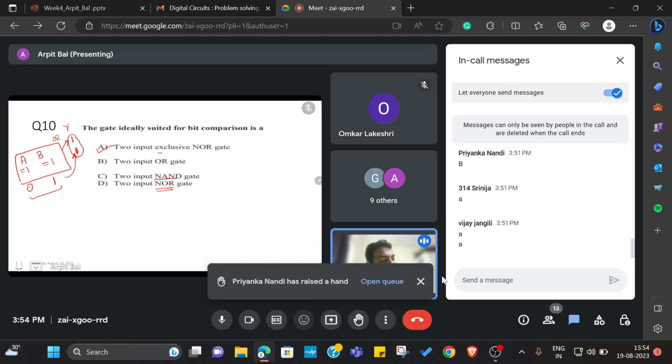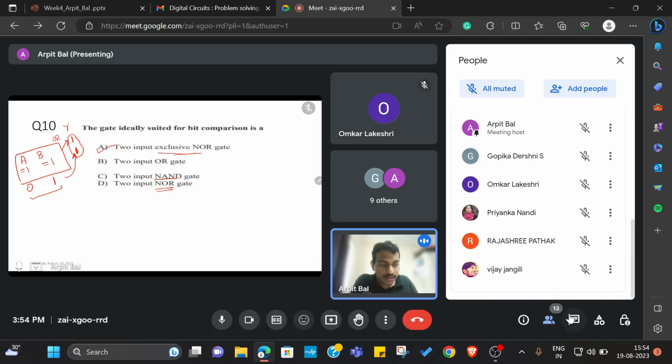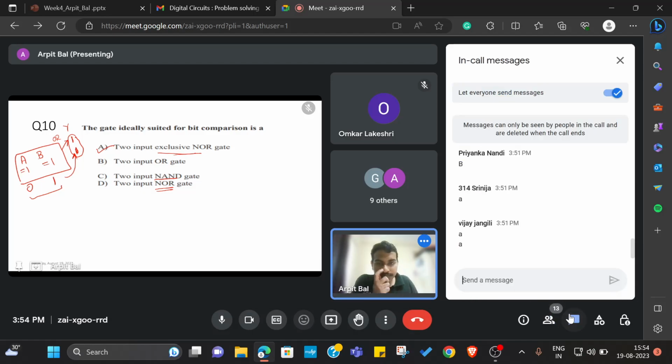But when we take XNOR, yeah, so there's a doubt. Yeah, you can type it on the chat box. Okay, so then what makes XNOR so special that we can use it for a bit comparison? So let us say I take A and B as something same, 0 0. So XNOR output will say 1. It means that they are same.